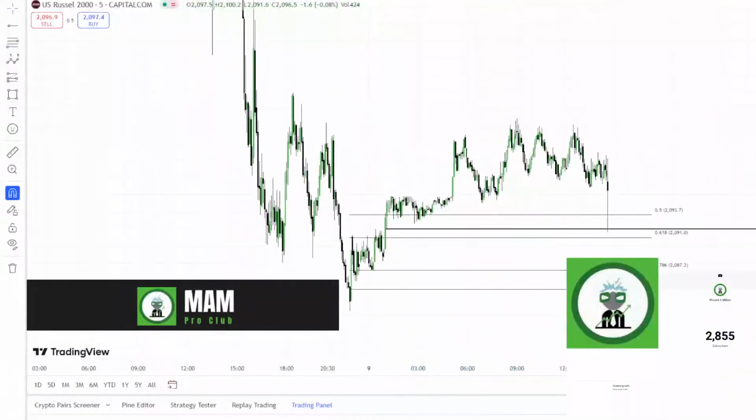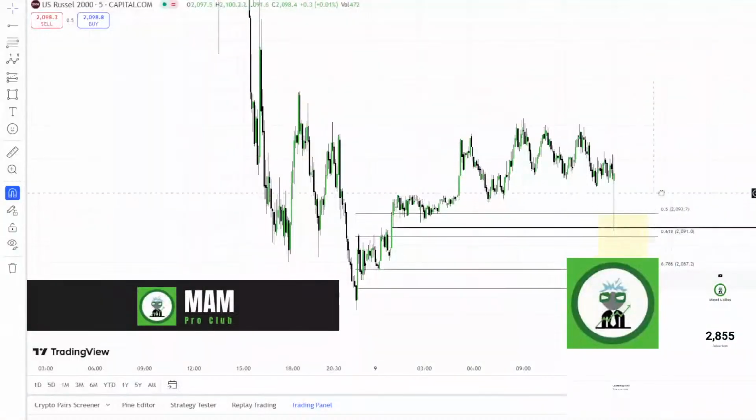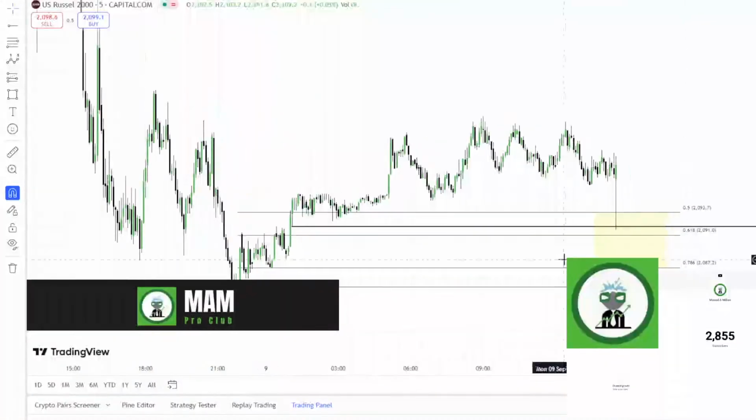We've gone to what I would consider the golden pocket, so 0.5 to the 786. Okay. And we've taken out this liquidity. Everyone's just got absolutely wrecked. And yeah, starting to go green. So liquidity grab. This is good for us, guys. This is looking good.